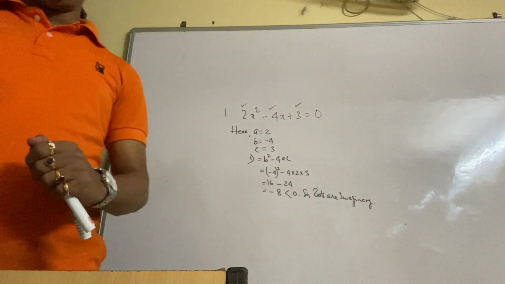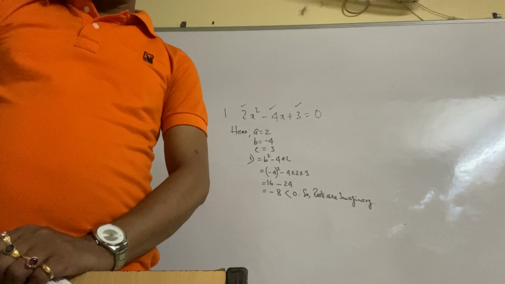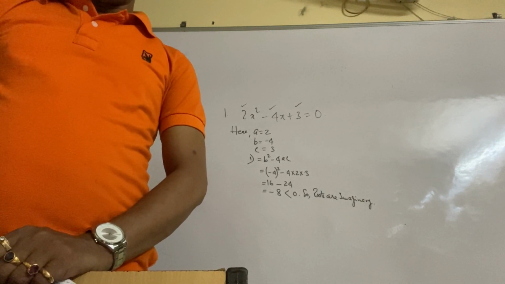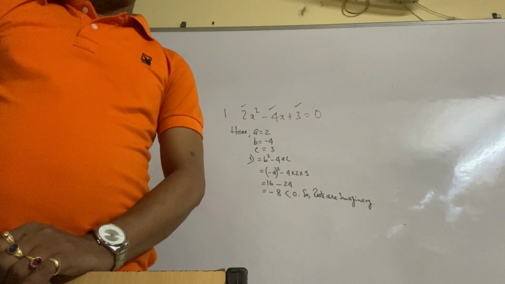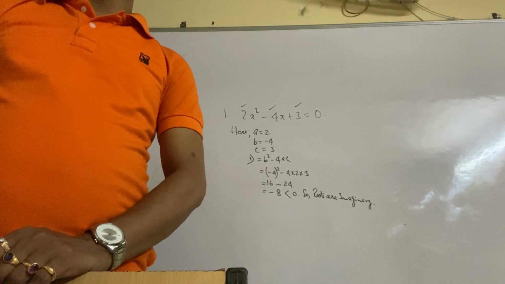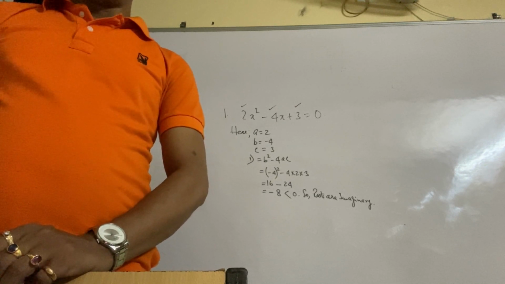So this is how we have to do the sum. So roots are imaginary roots. This is one type of sum. I hope it's okay. Okay for you? Now second type of sum based on this, one more type और एक type question है.